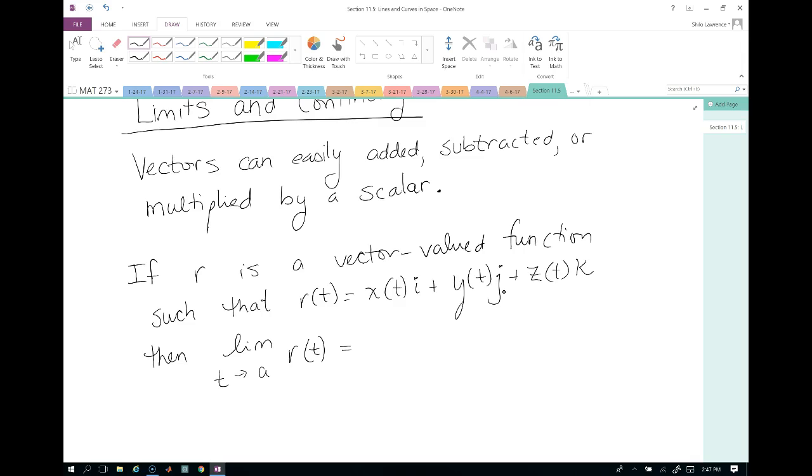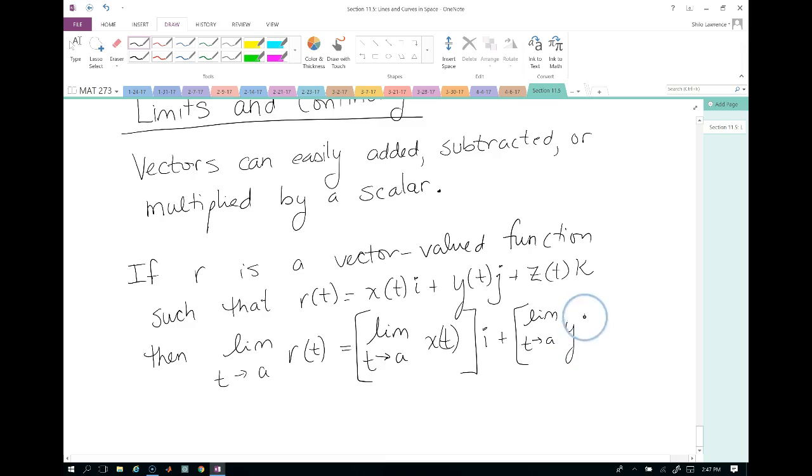That's also how we did domain. We needed the domain of each of those individual component functions. So if I want the limit of a vector-valued function, we really could just treat this as the limit of the x portion plus the limit of the y portion plus the limit of the z portion.